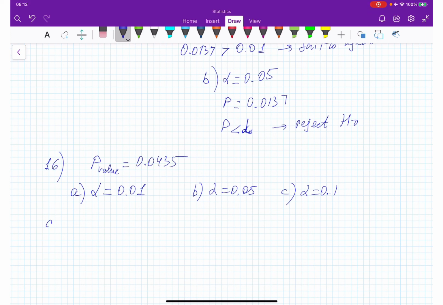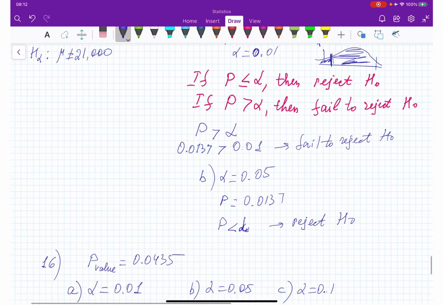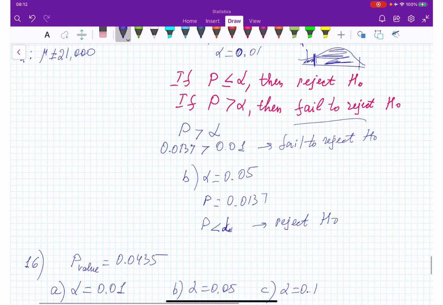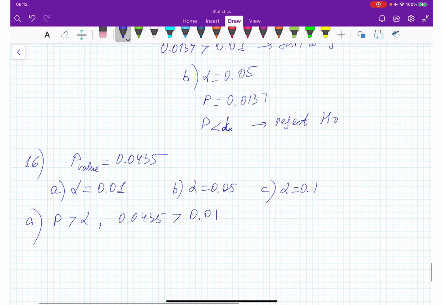For case A, the p-value is greater than alpha, because 0.0435 is greater than 0.01. When it is greater, we fail to reject the null hypothesis.